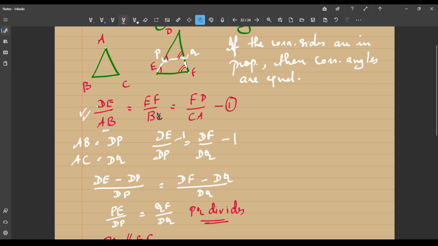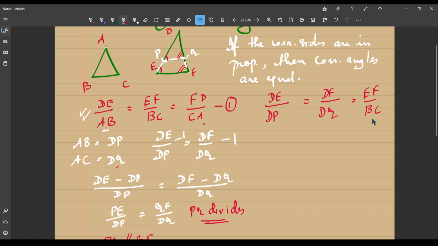Let me try rewriting this ratio once again as DE by DP, instead of AB, is equal to DF by DQ, instead of AC, is equal to EF by BC. I'm just rewriting the ratio in terms of DP and DQ, but I'm not able to replace BC.